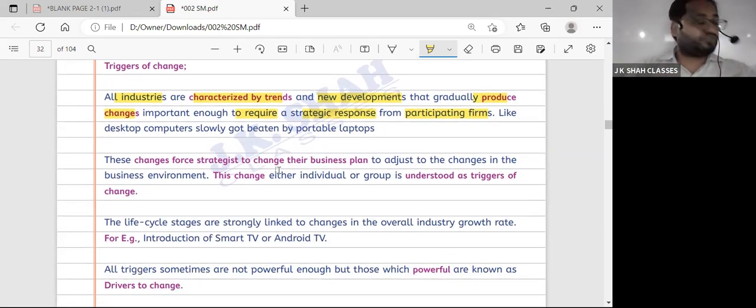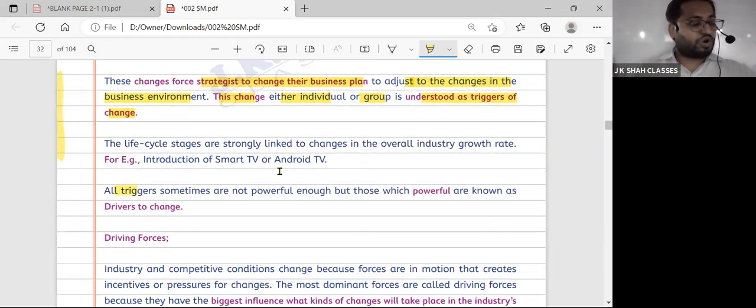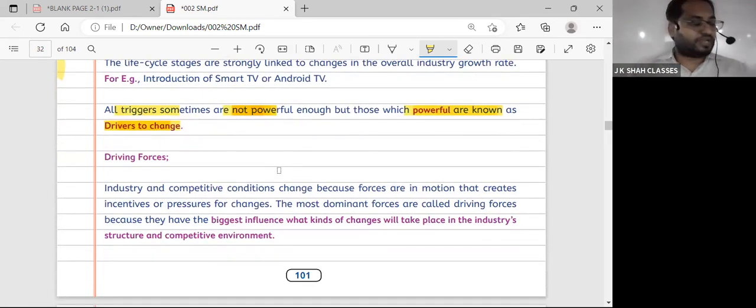These changes will force the strategists to change their business plan to adjust to the changes in the business environment. This change, either individual or group, is understood as triggers of change. Look at this. All triggers are not powerful. All changes are not material. But those which are material are called drivers of change. And look at driving forces.